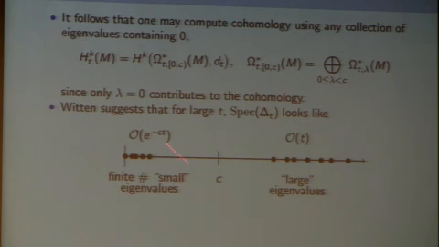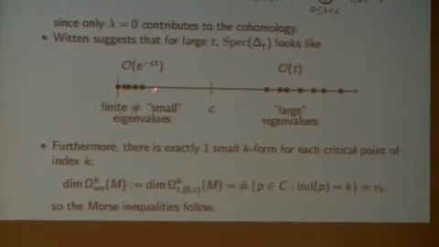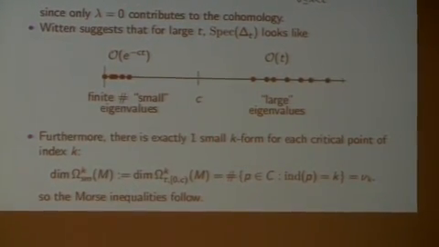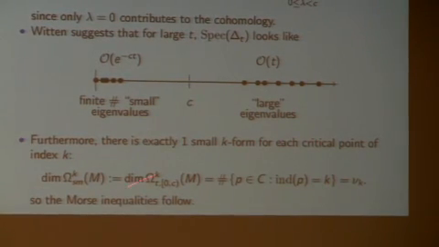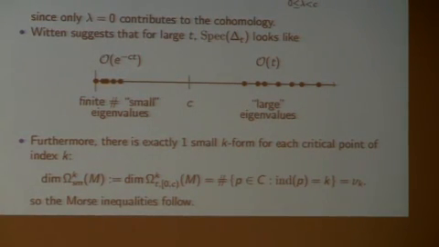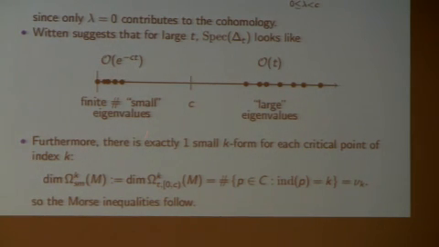If I look at the complex of small eigenvalues, which I can compute by taking a cutoff like this, I again get the same cohomology. But Witten's insight here is that there's exactly one small k-form for each critical point of index k. So in particular, this is a finite dimensional chain space again, and I get the Morse inequalities just from this fact, because I can count these things; they're in bijective correspondence with the critical points.